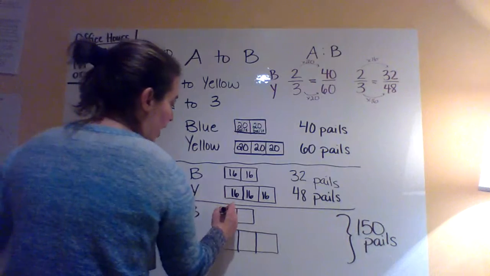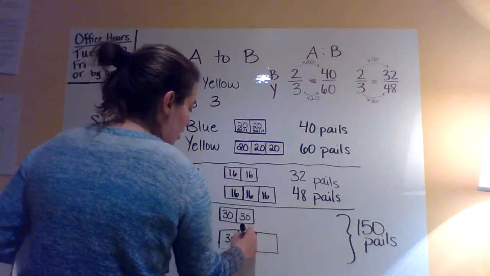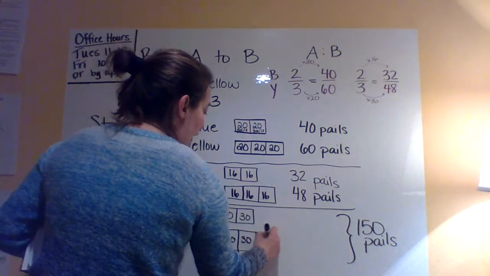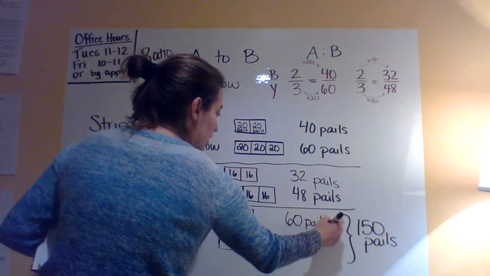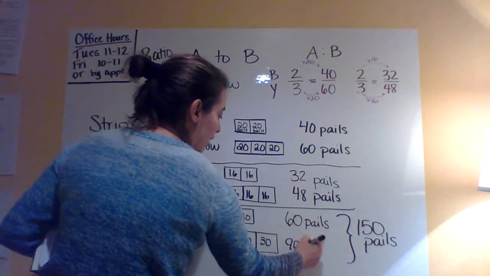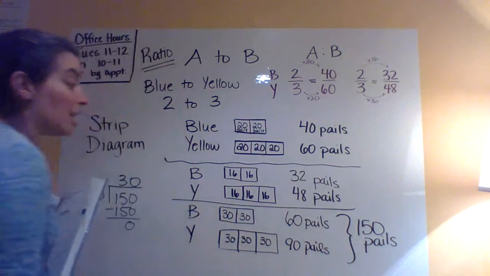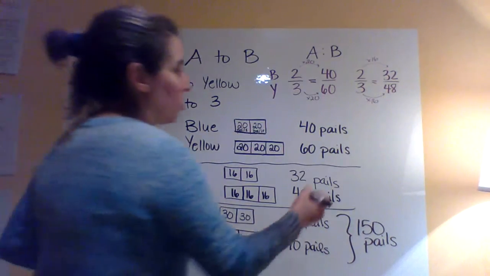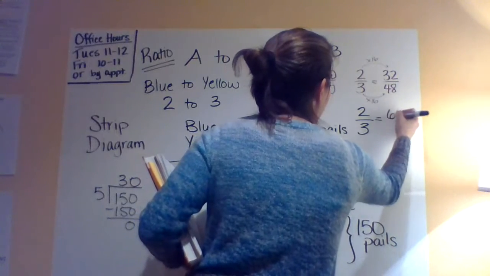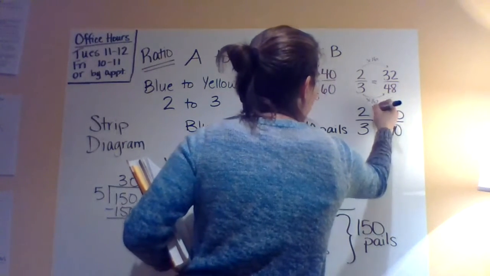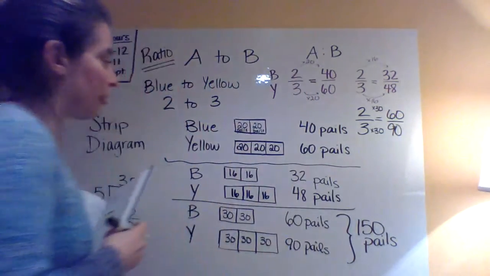So I could say, okay, each of these is going to be 30. That would mean I would need 60 pails of blue, and I would need 90 pails of yellow. Always check, yes, they add up to 150. And they are still in this proportion. So 2 over 3 equals 60 over 90. Well, each one was multiplied by 30.